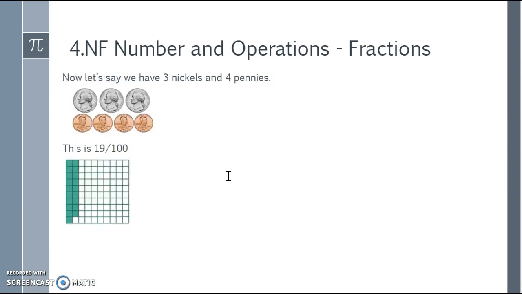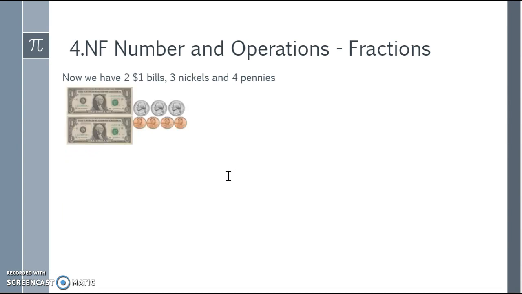Now let's say we have 3 nickels and 4 pennies. This is 19 cents, or 19 out of 100, so 19 hundredths, and 19 of the 100 are shaded in our base 10 flat. This is written as 19 hundredths.